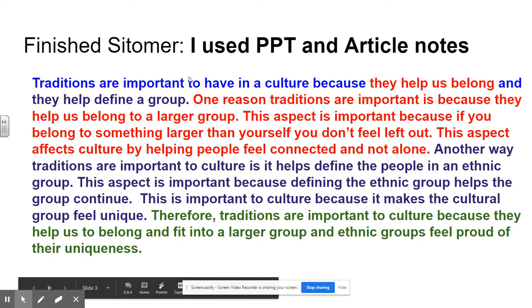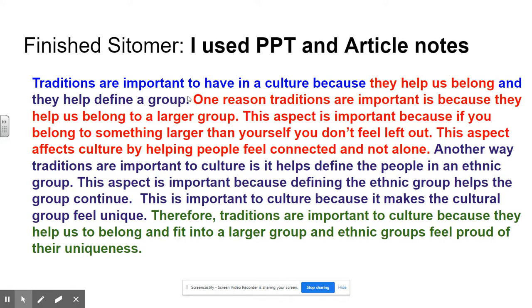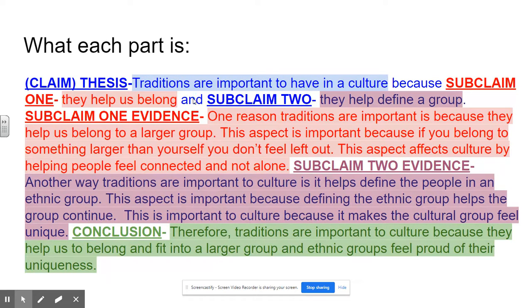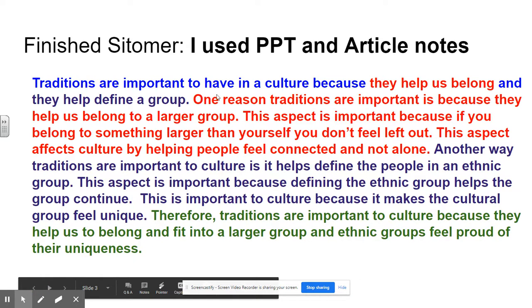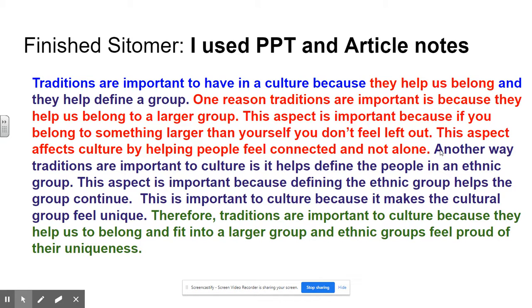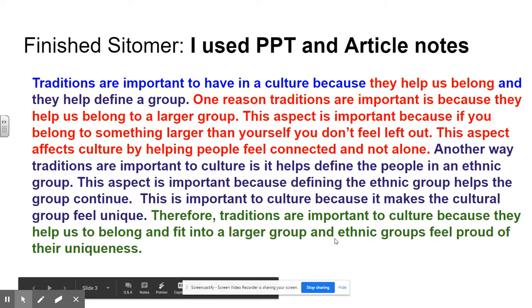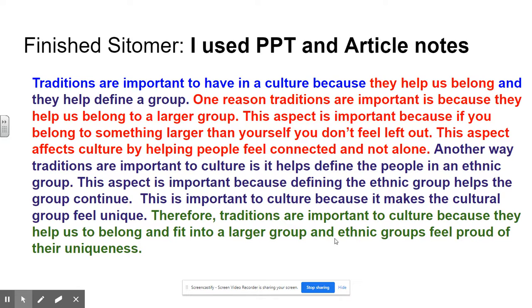My claim, my subclaim 1, my subclaim 2, this here. This, of course, is my evidence supporting subclaim 1. This is my evidence supporting subclaim 2. And this is my conclusion. Blue, red, purple, green.